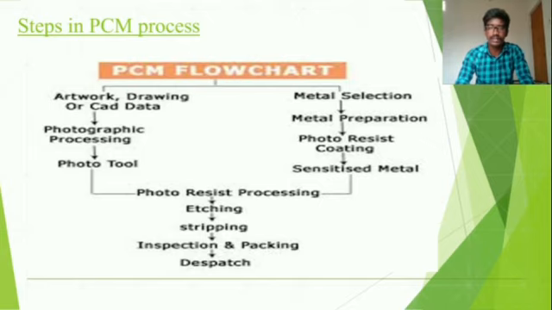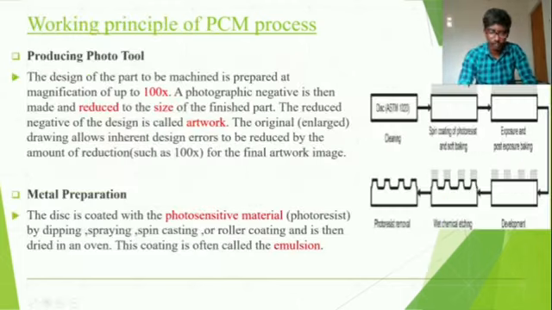Combining the sensitized metal and photo tool, photoresist processing is done, and with the help of chemical etchants, etching is done. The unwanted material, that is the photo mask, is removed with the help of the stripping process, and the product is finally inspected, packaged and dispatched. These are all the steps in the photochemical machining process. Now we are going to see each step in detail.